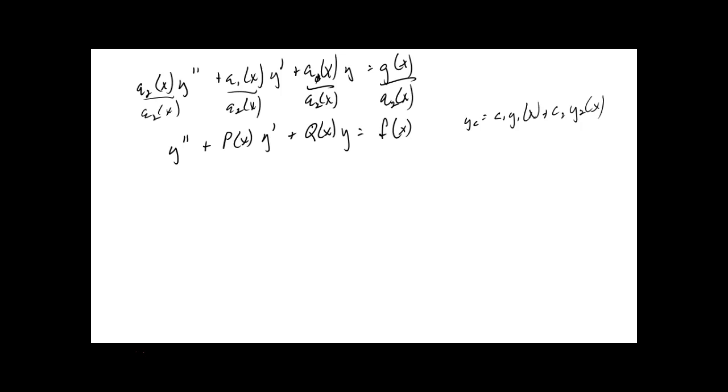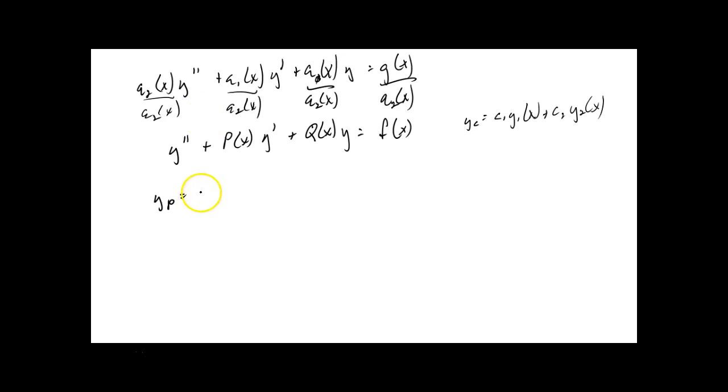So here would be our particular solution, y sub p is equal to u1 of x, y1 of x, plus u2 of x, y2 of x.